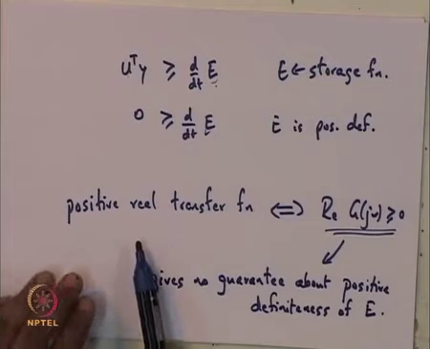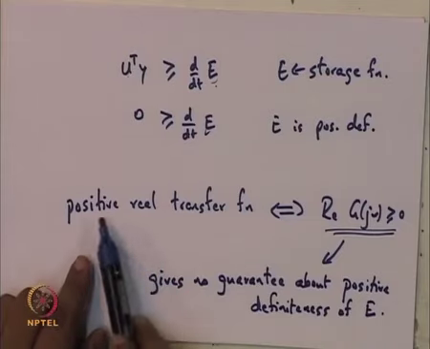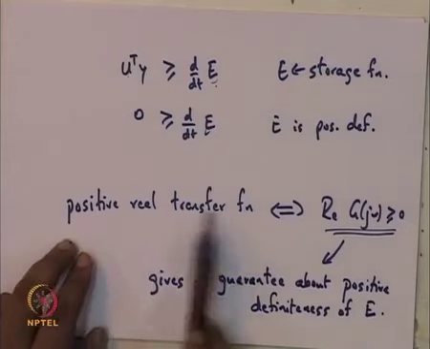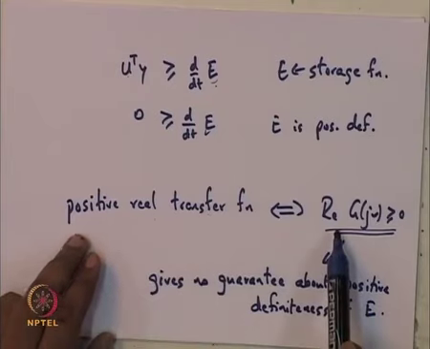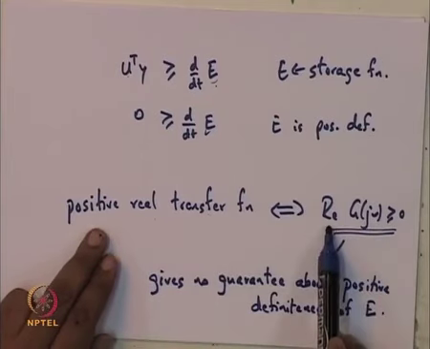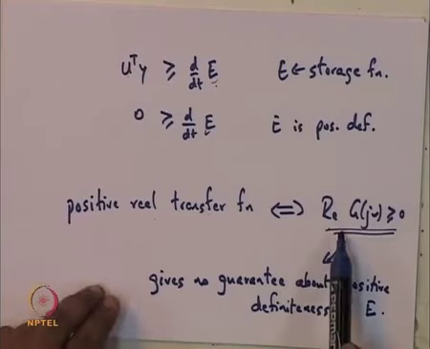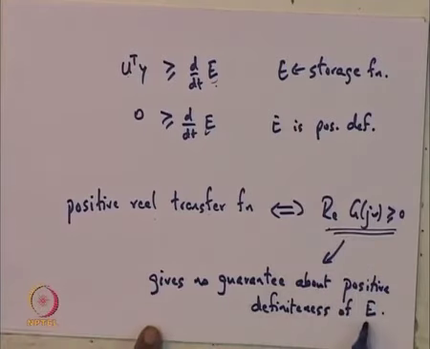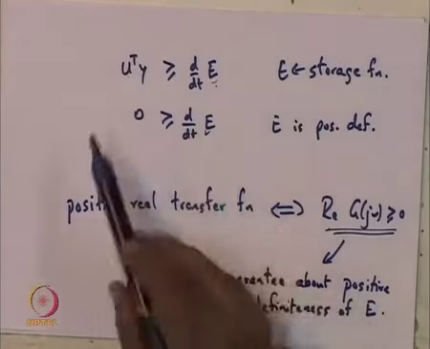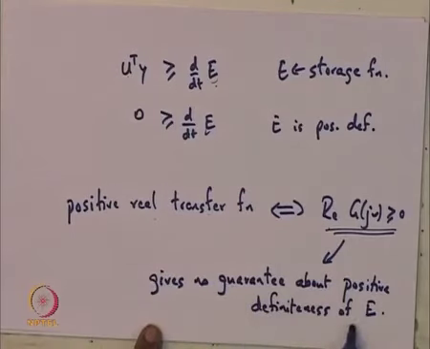So, that is why many people would like to call a transfer function positive real when not only this condition is satisfied, but it also guarantees that the storage function that would result in the system is a positive definite storage function.